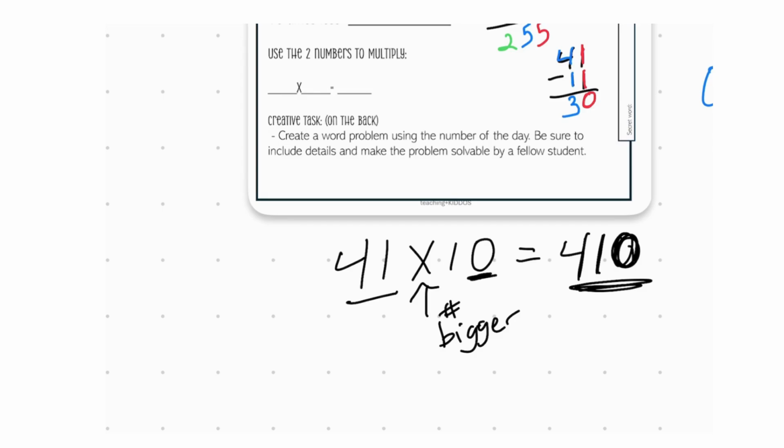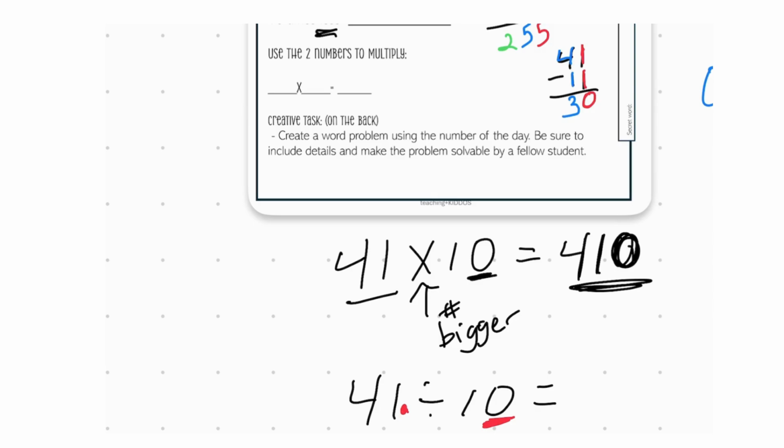Now, if we're doing 10 times less, like the next one asks us to do, that just means you're going to divide and make it 10 times less. So the 41, which has the decimal point here, would just move over to the left one time to make it smaller.